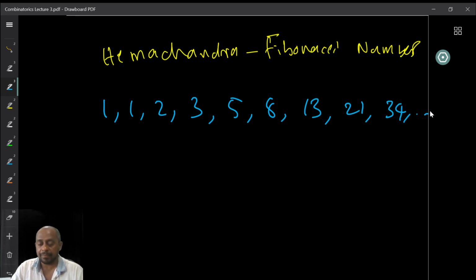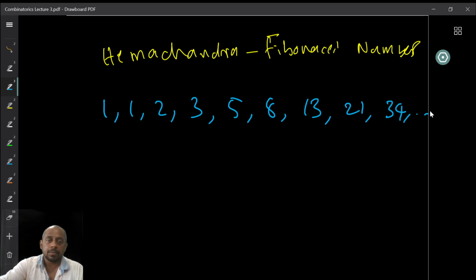We will do it later when we look at generating functions. There are also other ways to calculate the formulas from the recursion relation. Maybe you can try to find the formula for Fibonacci or Hemachandra numbers by using your own methods. Just give it a try. It will be fun.